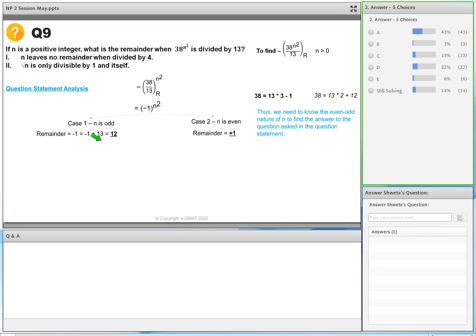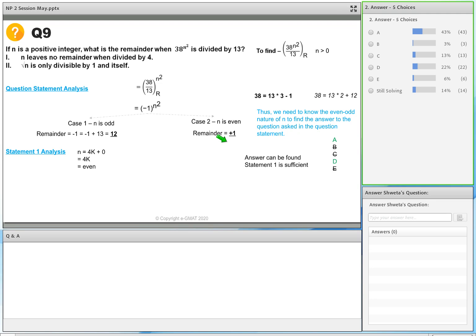But if n is even, then n squared will also be even. So minus 1 to the power of an even number would just give you the remainder as plus 1. You don't need any further conversion. So really, the remainder you're looking for depends on what? It depends on n, whether n is even or odd. So just odd or even becomes your final question. This is what will decide whether any given statement is sufficient or not.